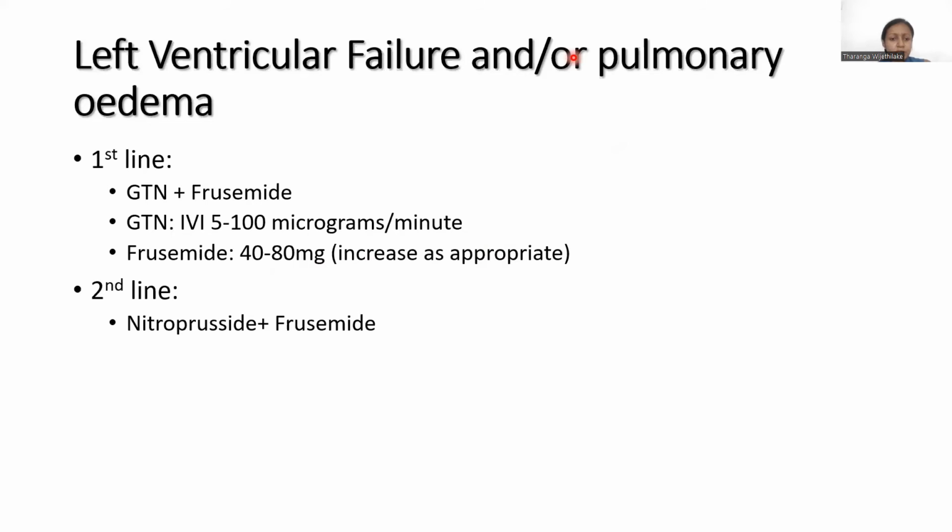Okay, right. So second line agents, if these are not helping, you could go for second line agents like nitroprusside and furosemide. But now here, when you have pulmonary edema, you can't stop there, right? You need to figure out why they developed pulmonary edema. Why did they go into a failure?